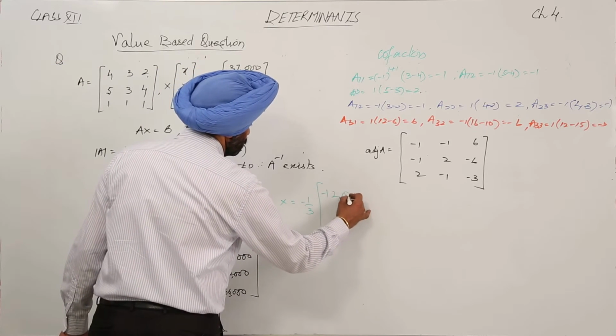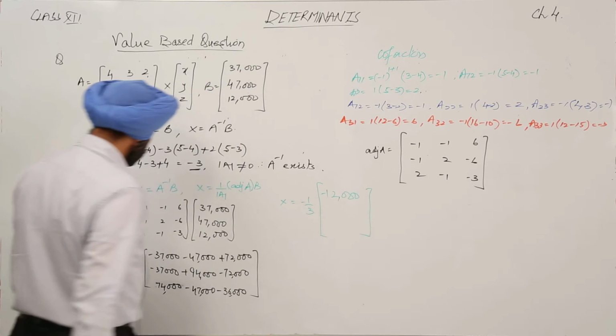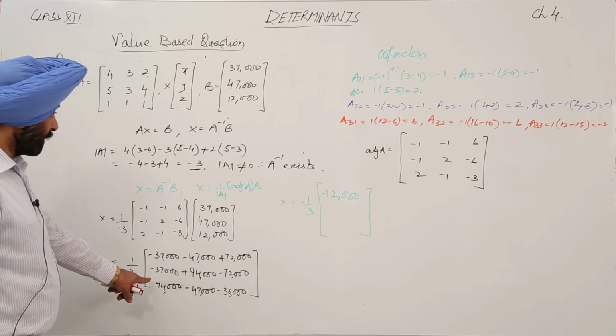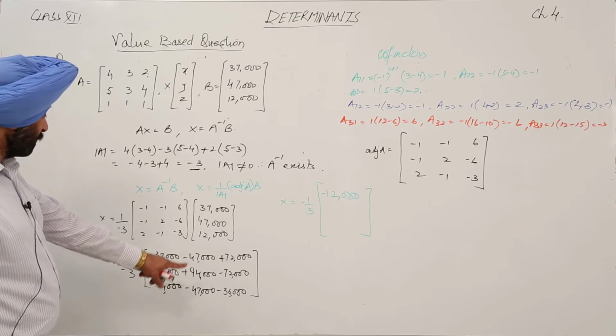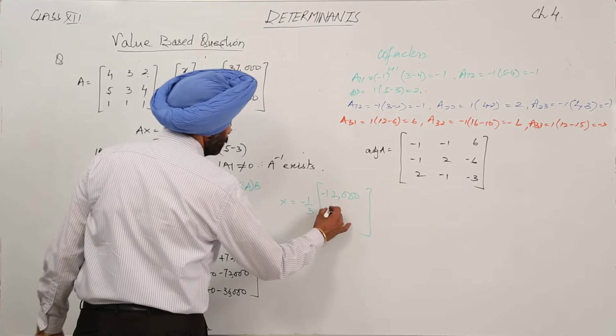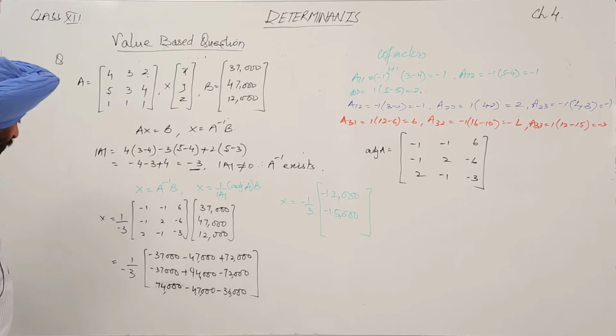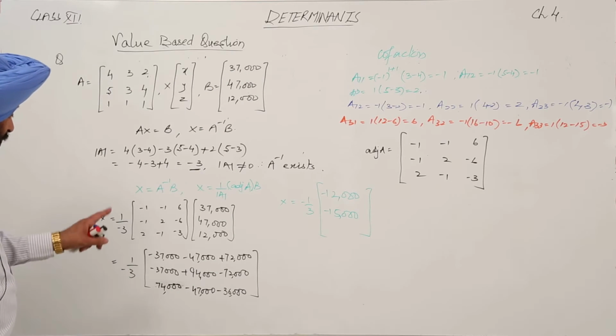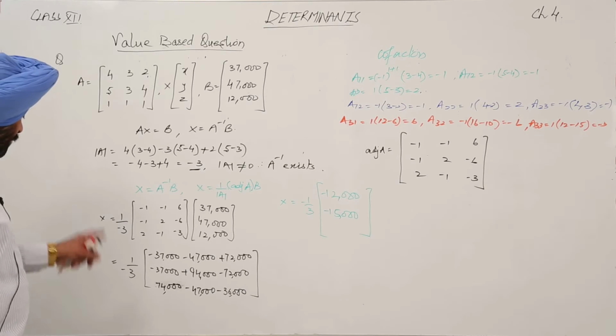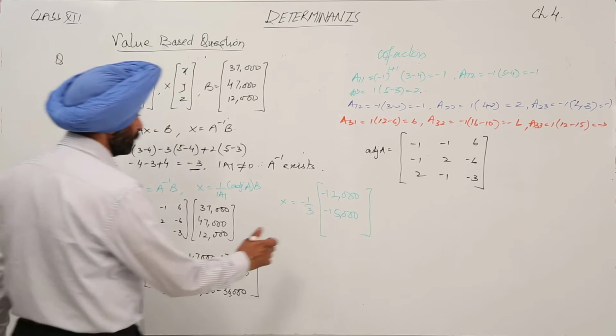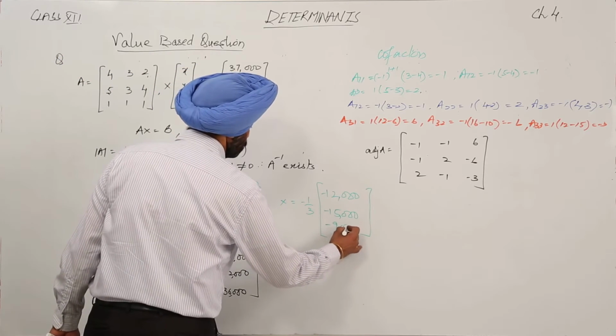Negative of 12,000. Then minus 37, 94 and minus 72, minus 15,000. And then 74 minus 47 minus 36, this becomes negative of 9,000.